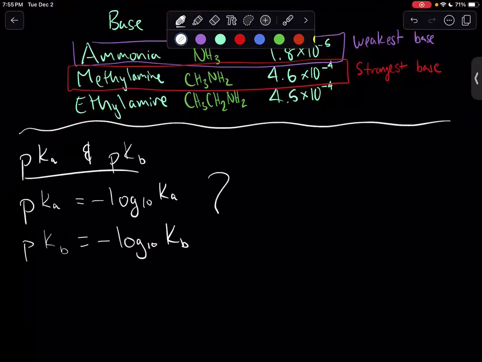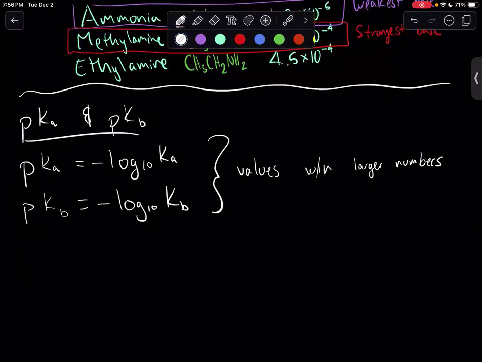So these are going to give us larger numbers, like on our pH scale, generally anywhere from 1 to 14 or 0 to 14. So we can calculate these all.